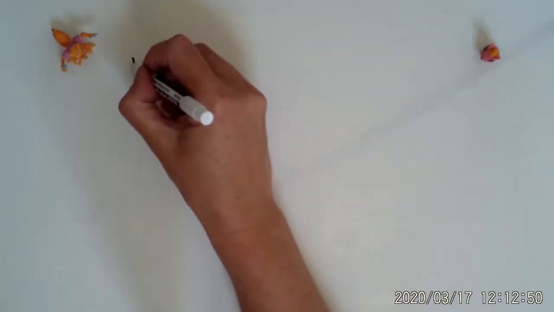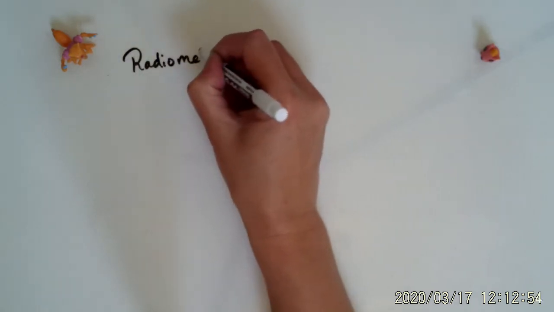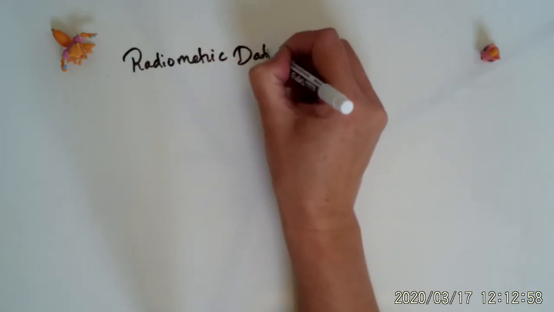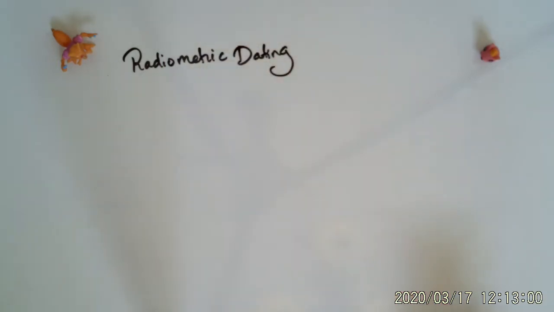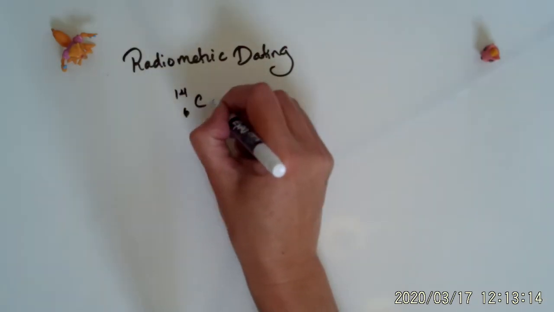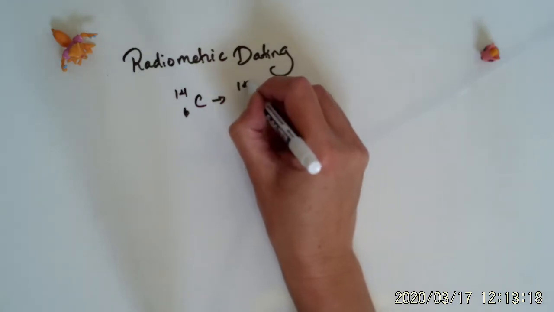What about dating? Well, radiometric dating. If we use carbon-14, it's called radiocarbon dating. Okay, so how does this work? So just so you know, radiocarbon, carbon-14, undergoes what kind of decay?